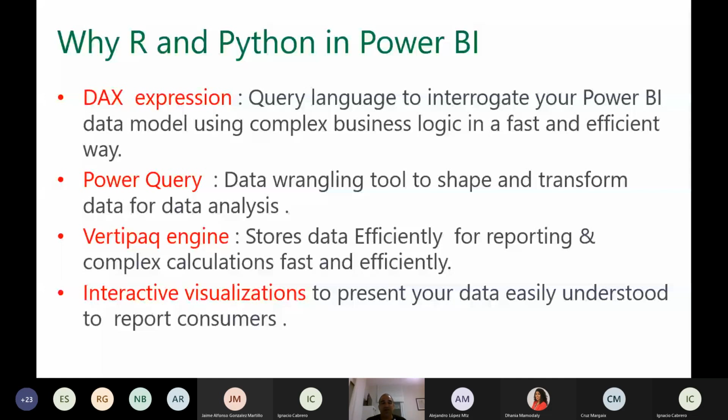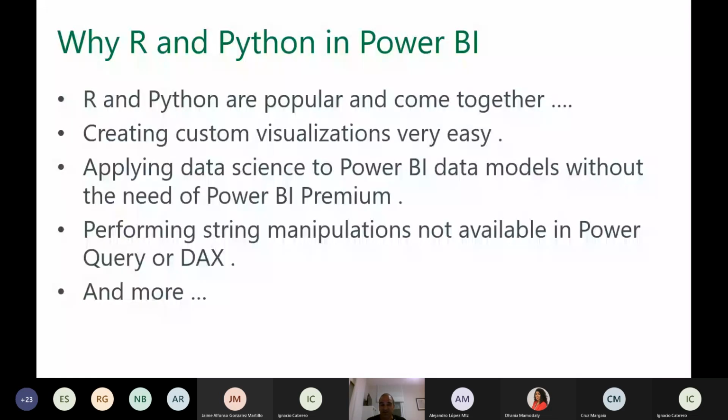They enable us to create custom visualizations very easily and apply data science to Power BI without the need of a Power BI Premium license. We can also do very complicated string manipulation very easily, which is not available in DAX, and we'll see this, and more.